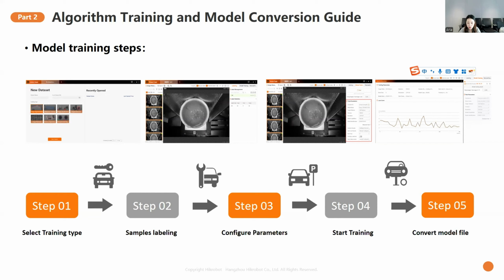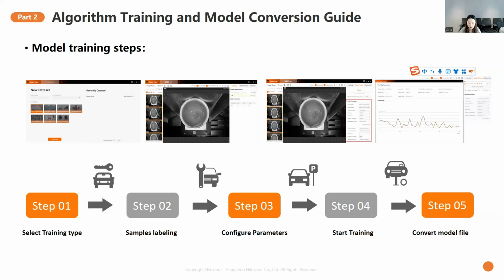Since Vision Train is Windows-based software, whereas our smart cameras are developed on a Linux system, the algorithm generated by Vision Train software cannot be used directly for the smart camera. So we have to convert the algorithm model for the smart camera.